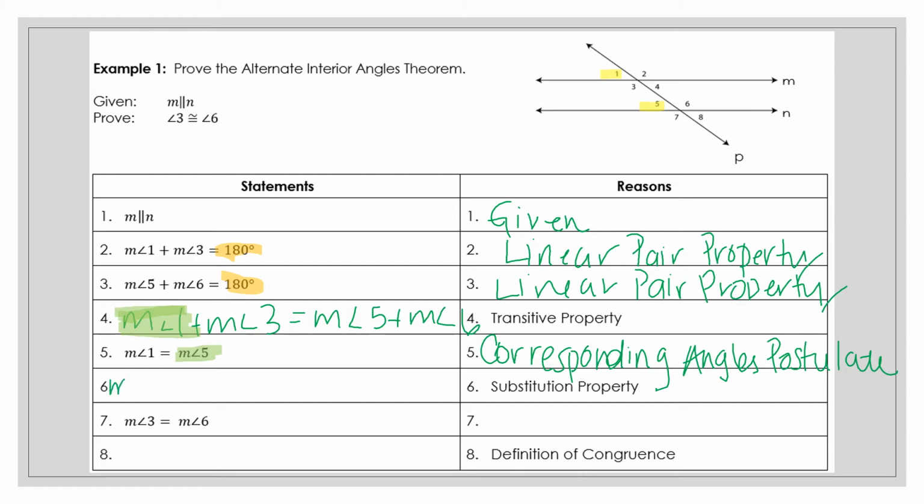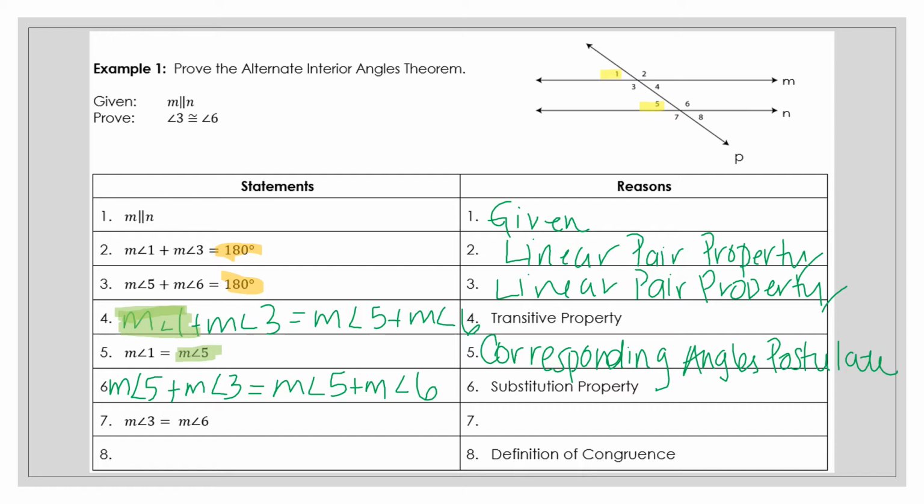So this becomes the measure of angle 5 plus the measure of angle 3 equals the measure of angle 5 plus the measure of angle 6. Again, we substituted in step 4, taking the measure of angle 1 out and replacing it with the measure of angle 5. That's substitution.